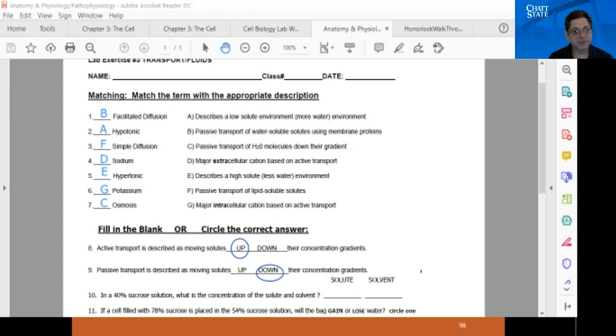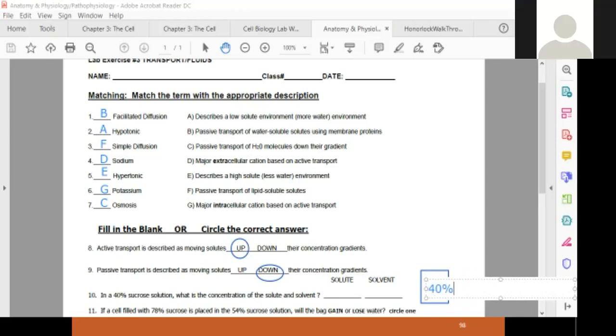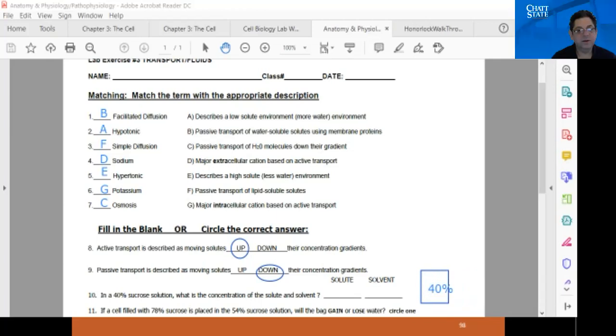So if I do something like this, let me try to draw this. If this represents a beaker real fast, and that beaker is labeled 40% sucrose, then that could be a test question.